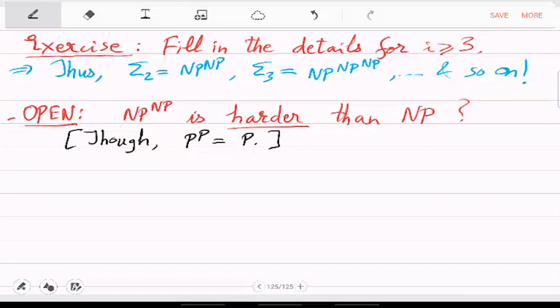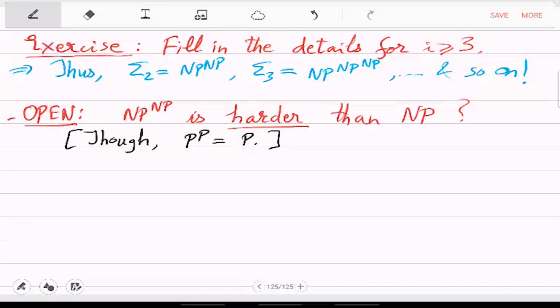It's basically because you can negate within the class P, negate the answer of the query within polynomial time. That you are not able to do in NP to the NP. You are not able to actually negate the answer within NP. So it's the same NP co-NP difference. If NP co-NP are different, then this question is resolved. If NP co-NP are the same, then actually NP to the NP. Yeah, so then what happens?